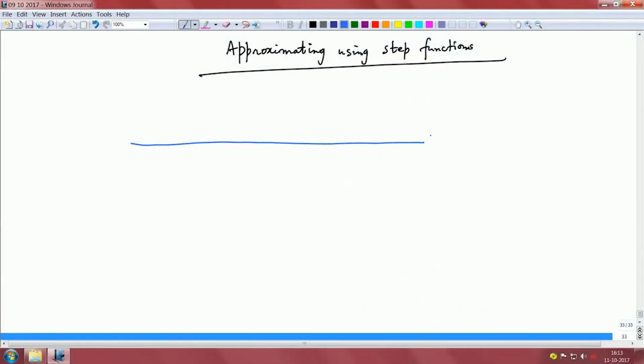Okay. Now let us look into the idea of approximating using step functions. So I have some continuous signal and then I want to approximate this using some sequence of step functions like this.